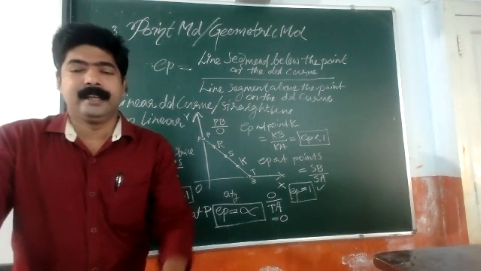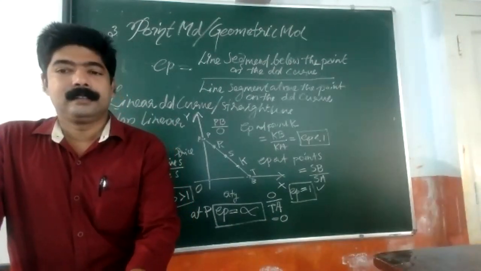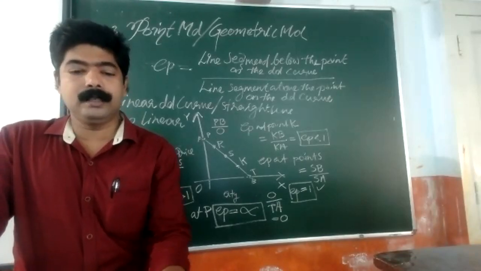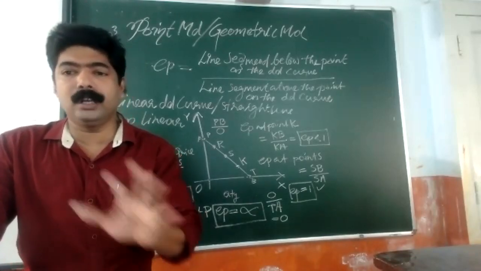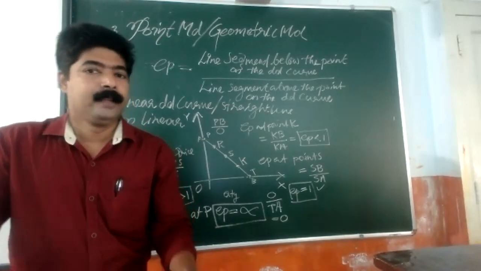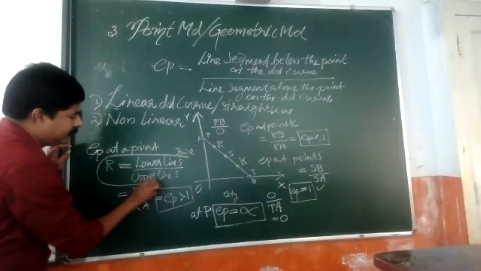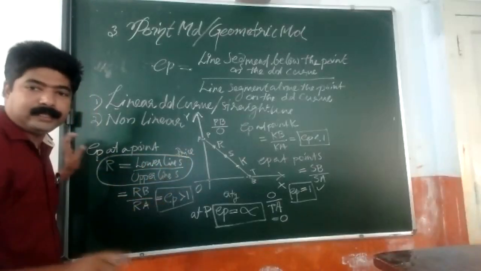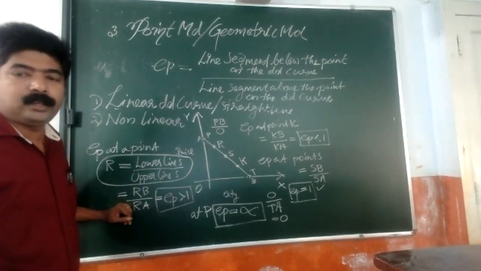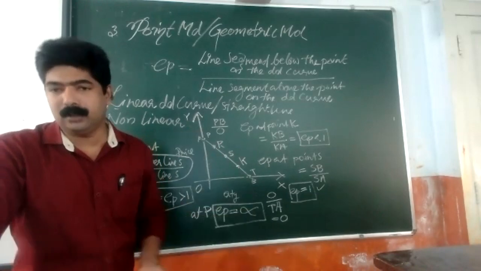By using a straight line demand curve, you are supposed to calculate the price elasticity at all those points. 5 different points are given, and using this formula, keep in mind, every time you need to write the formula. Don't think that once you have written the formula, the next time you need not write.